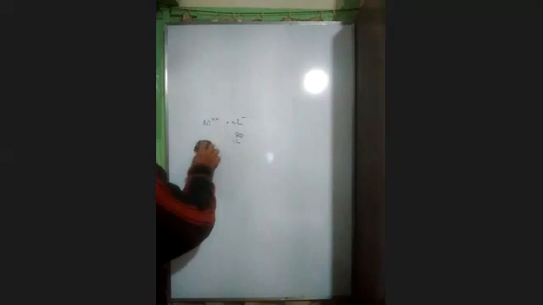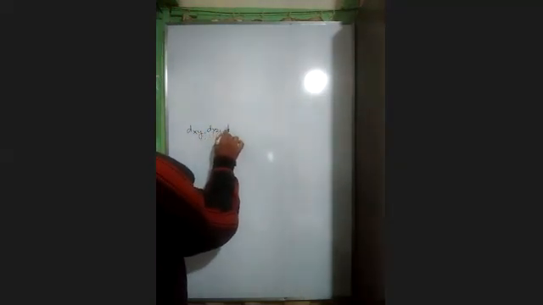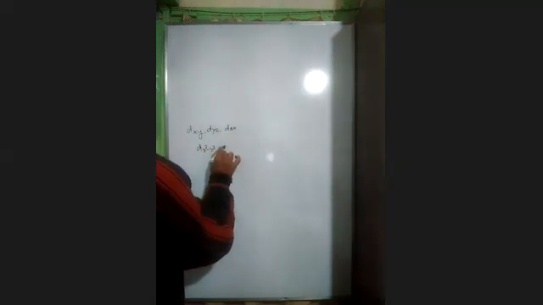So now let us discuss. See, we know that there are 5 d orbitals. There are dxy, dyz, dzx, then dx square minus y square, and dz square.